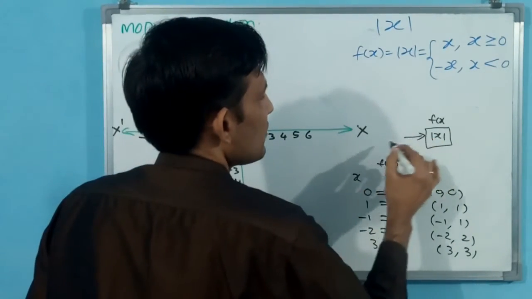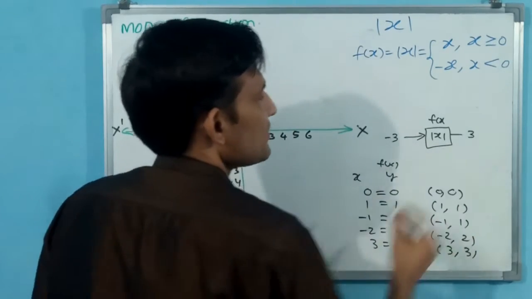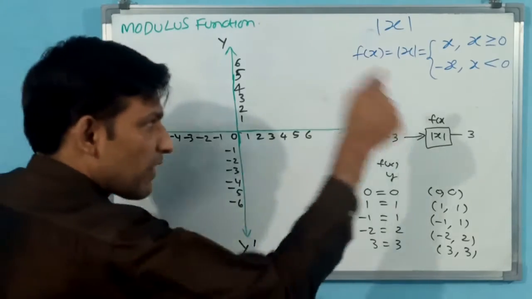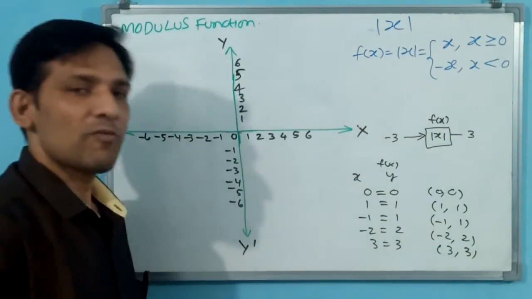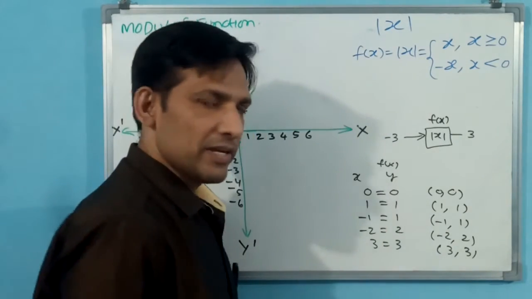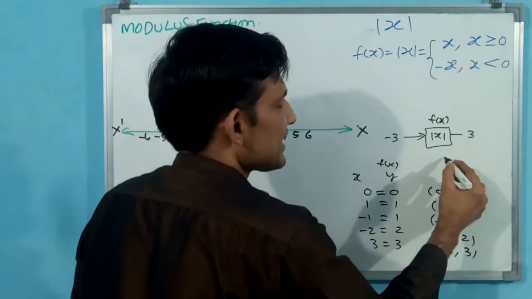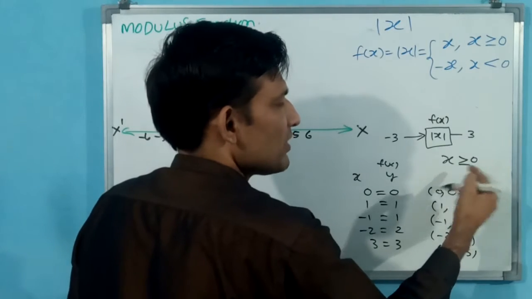We are giving input minus 3, but it is giving output 3. But what the function is doing, that we have to understand. Whatever input you are giving, the function box is analyzing whether x is greater than 0 or equal to 0.